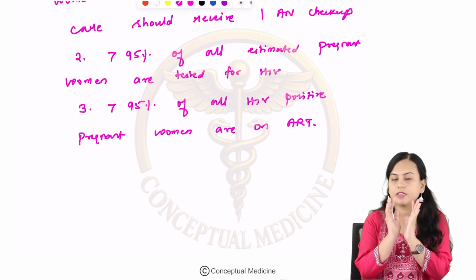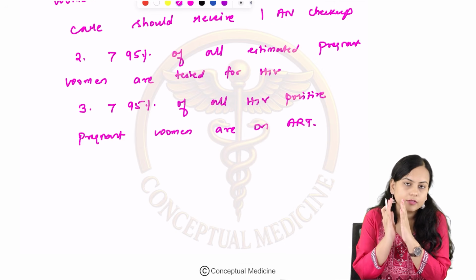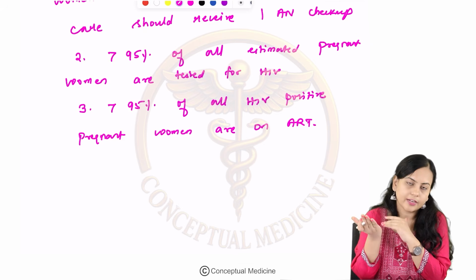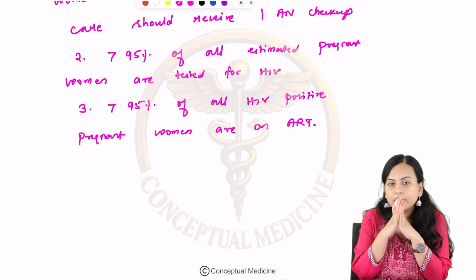Clear? First one, you should give them antenatal checkup, and then you have to give the screening, and then if diagnosed you have to start them on treatment, and all these things should be in more than 95% of the women. Clear?